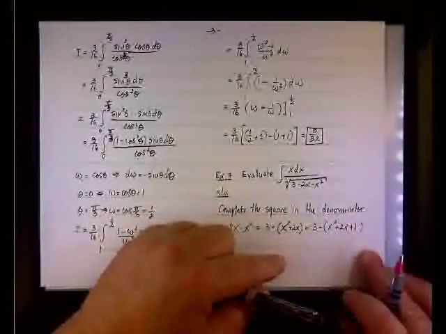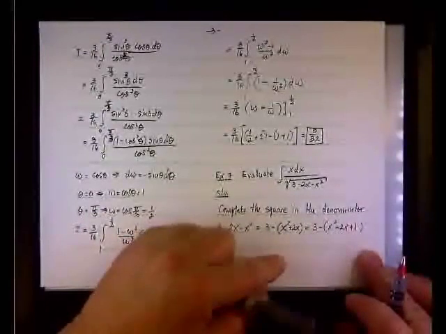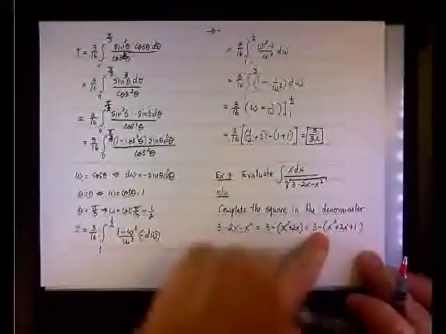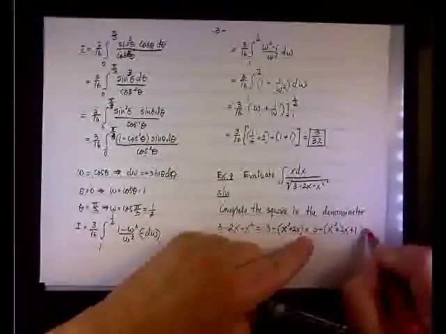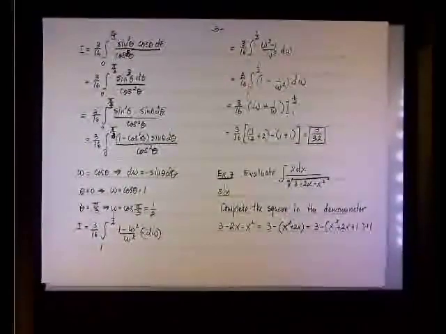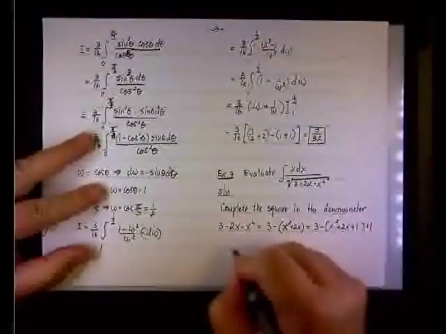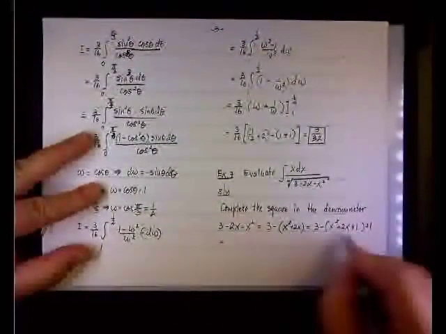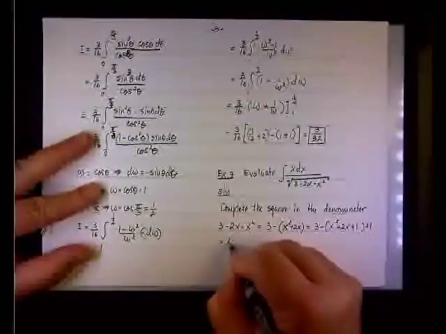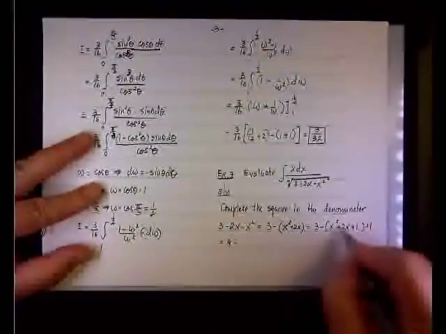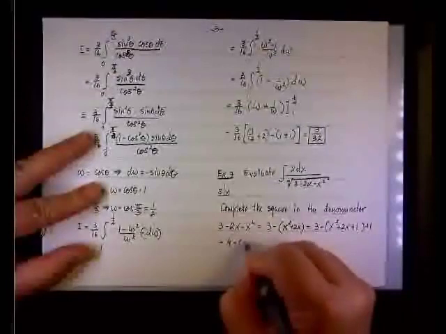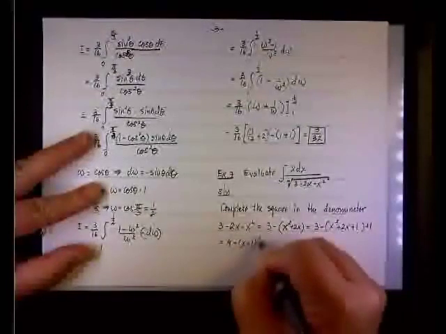But am I adding 1 or really subtracting 1? I'm subtracting 1 because I have the negative in front. So to compensate, I need to add 1, like so. Okay, so now I end up having 3 plus 1, or 4, minus, instead of x squared plus 2x plus 1, x plus 1 squared.